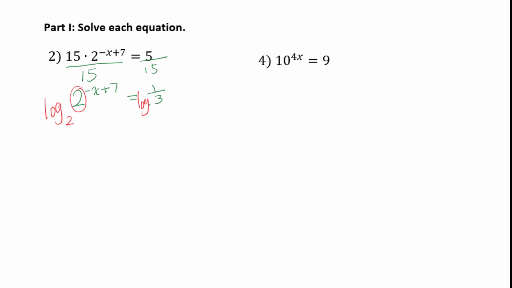Log base 2. We know this formula: log base a of a to the x power equals x. For this part, we will get negative x plus 7 equals log base 2 of 1 over 3. Then this is a linear equation.